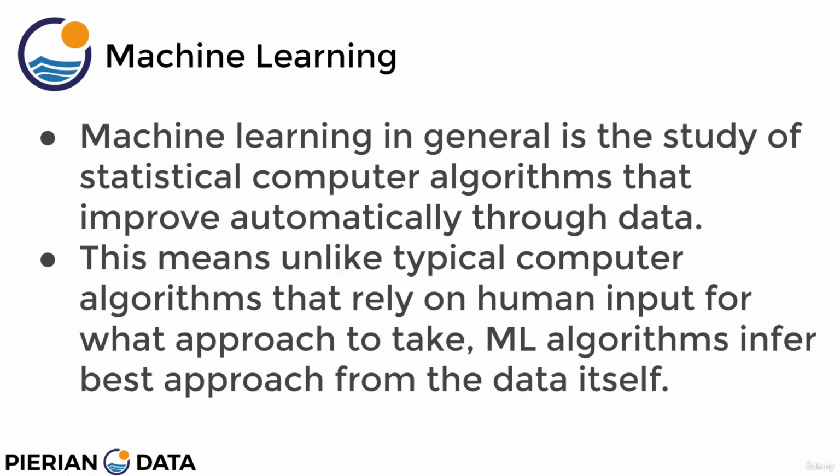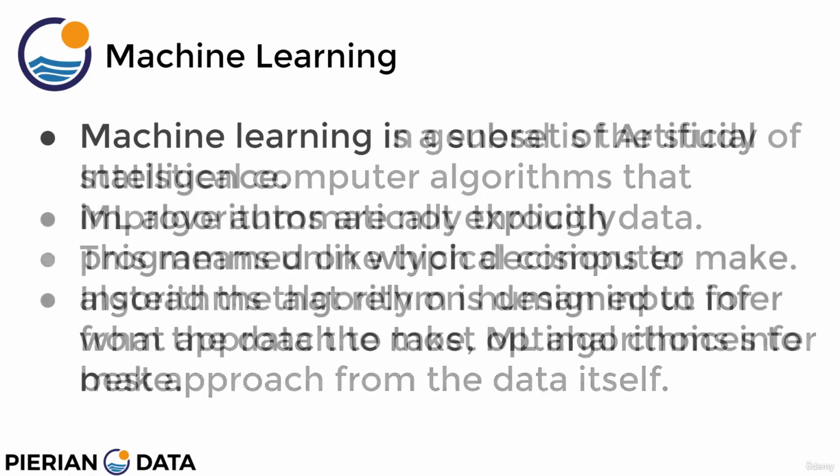Let's start off with a definition of machine learning. Machine learning, in general, is the study of statistical computer algorithms that improve automatically through data. So there's a really key sentiment there that we need to understand. Because the computer algorithms are improving automatically through the use of data, this means that unlike typical computer algorithms that are going to rely on human input for what approach to take, the machine learning algorithms in general are going to infer the best approach from the data itself.